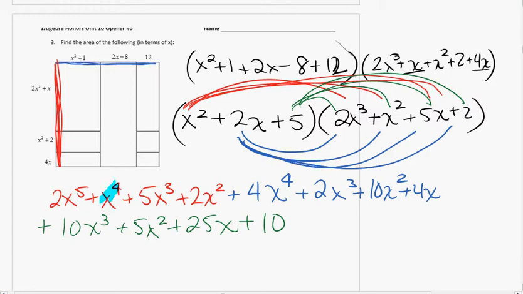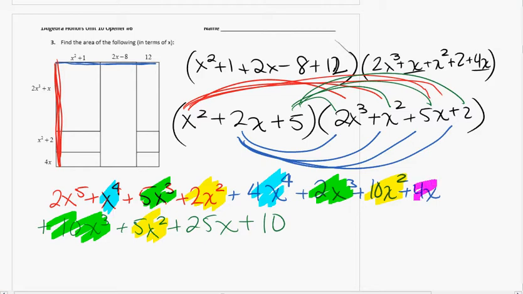So x to the 4th, x to the 4th, combine those. x to the 3rds, x to the 3rd, x to the 3rd. x squareds, 2x squared, 10x squared, 5x squared. x's, 4x, 25x. And you'll notice I left the ones where there was only one term, because I knew I would just take care of those.